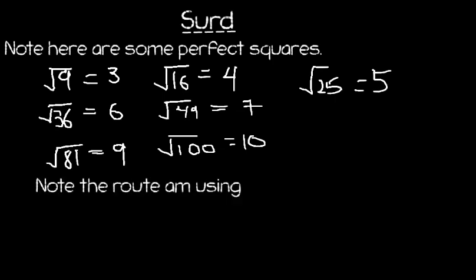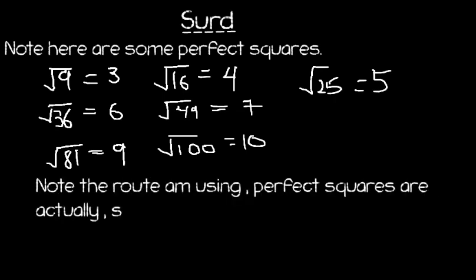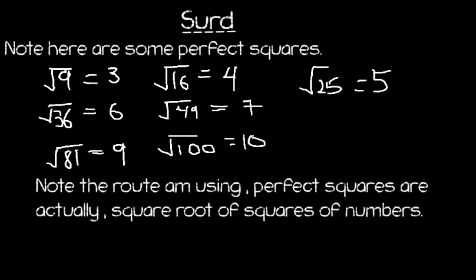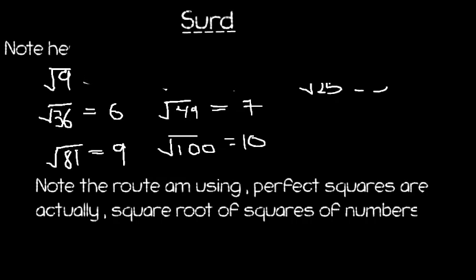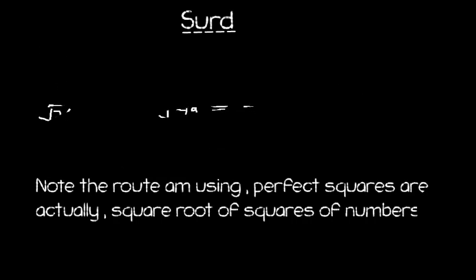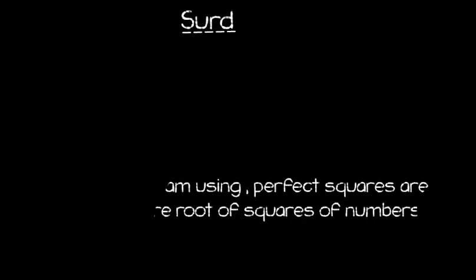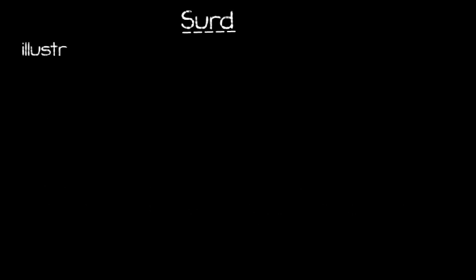And also note the routine that I'm using. Let's take 16, root 16 is equal to 4. So it's actually 4 squared, and you root the square of the 4, which is root 16. That's a perfect square.